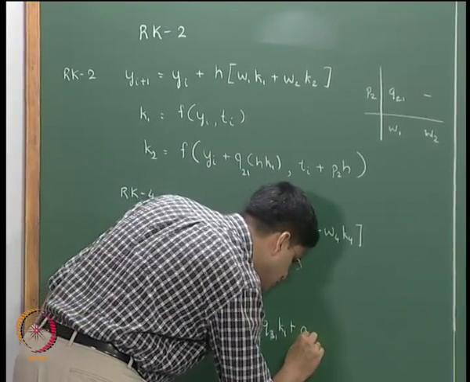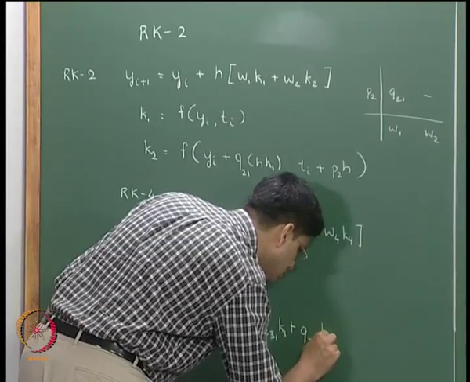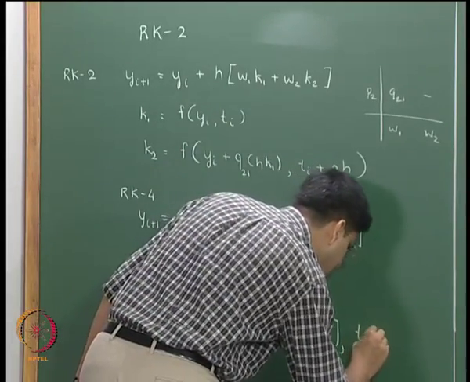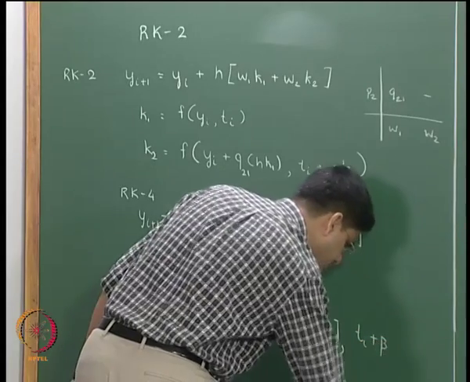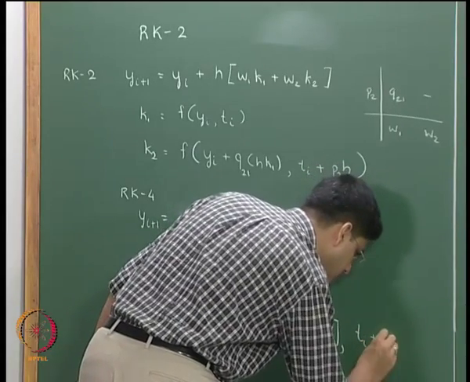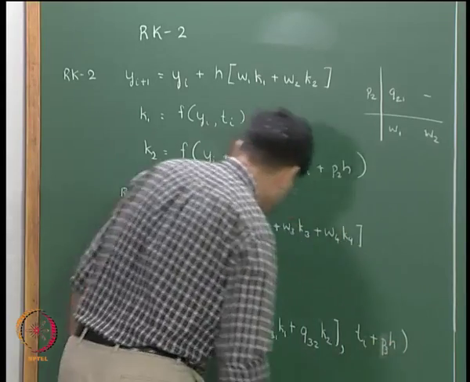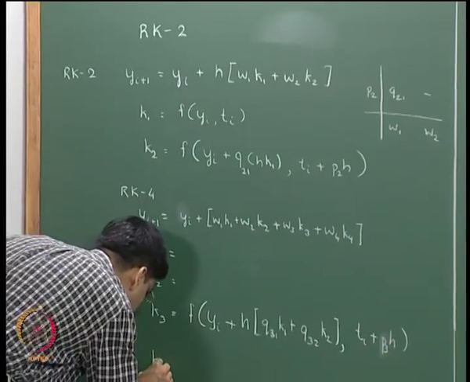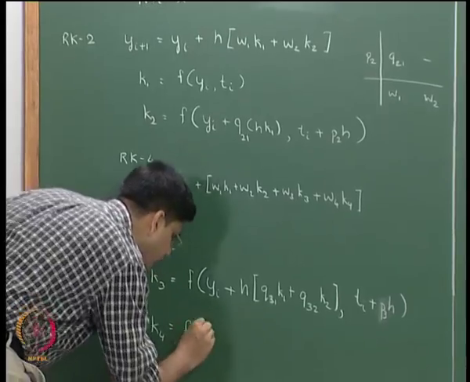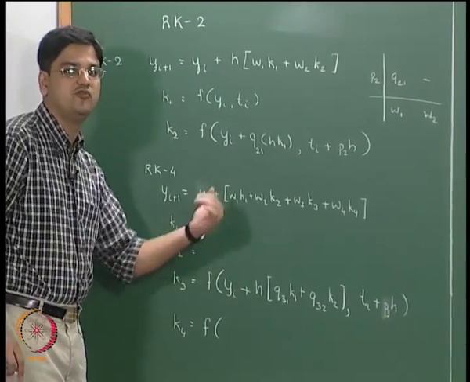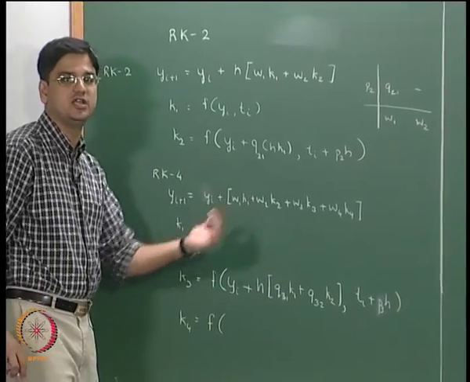plus q32 k2), t_i plus p3 multiplied by h. And k4 is f of y_i plus h multiplied by (q41 k1, q42 k2, q43 k3).